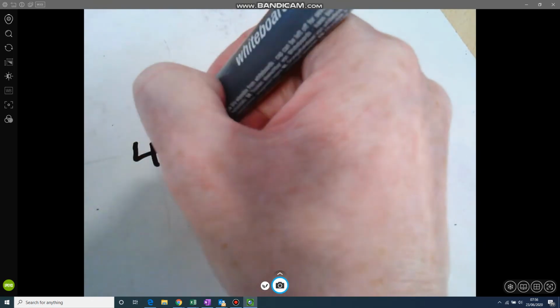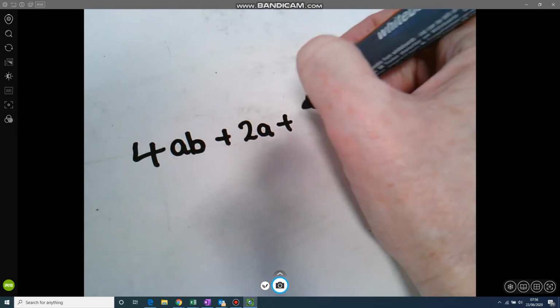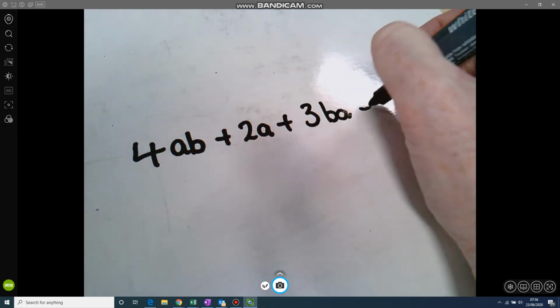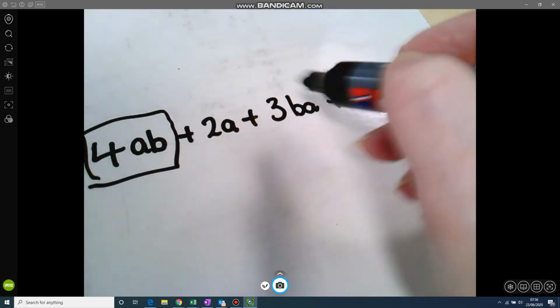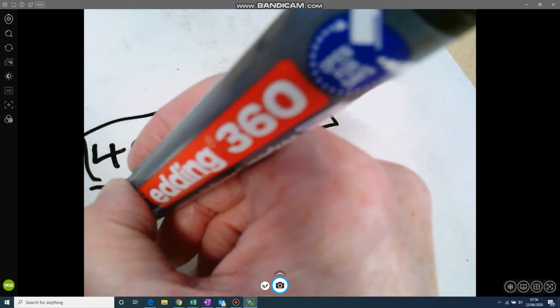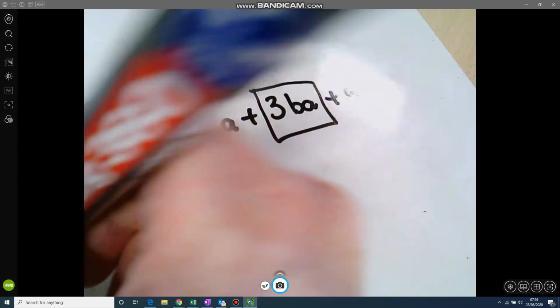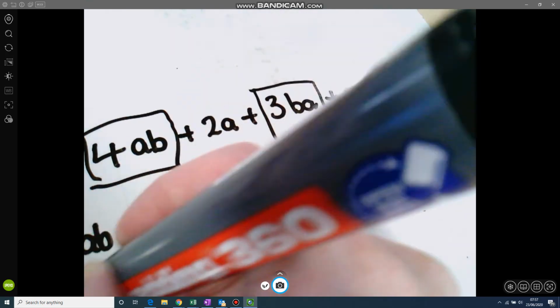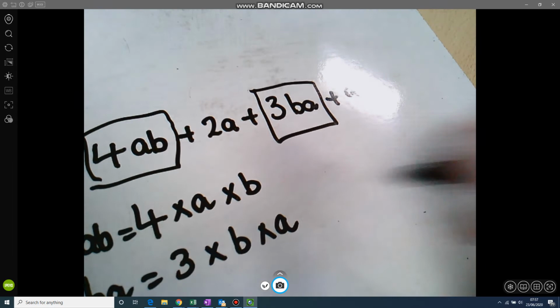Okay, similar again, we've got 4ab plus 2a plus 3ba plus a. Now the question is, are 4ab and 3ba similar terms? Well, let's think about what 4ab is. It's 4 times a times b. 3ba equals 3 times b times a.